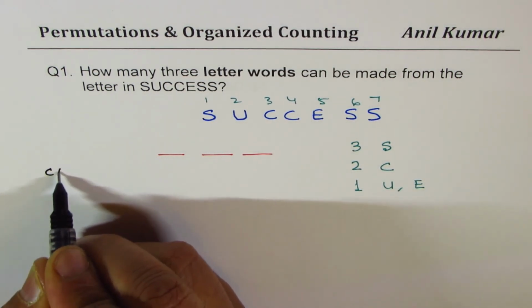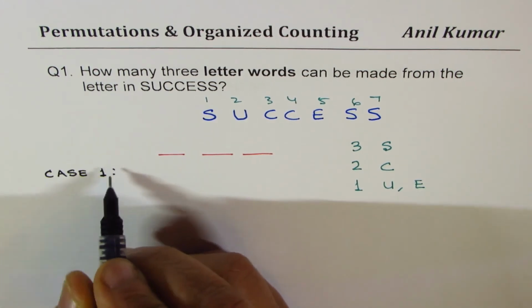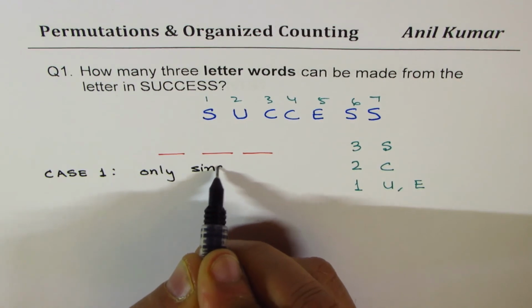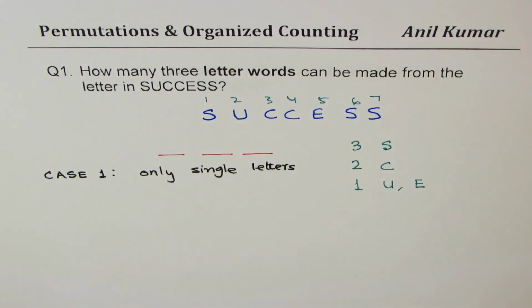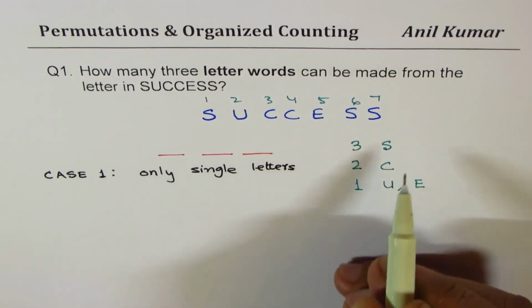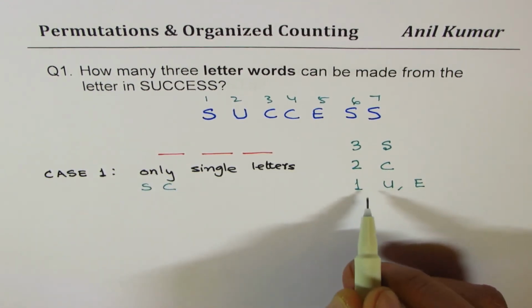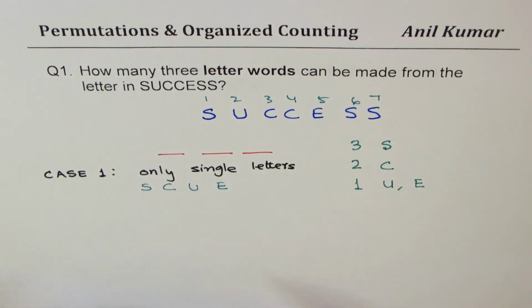So let's say case 1. Here we'll take only single letters, no repetition. When I say only single letters, that means we will be working with only one S, only one C, only one U, and one E. You get the idea, right?